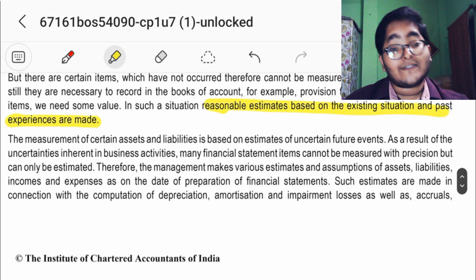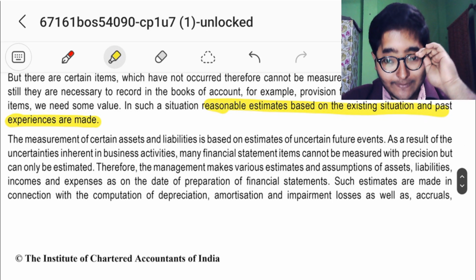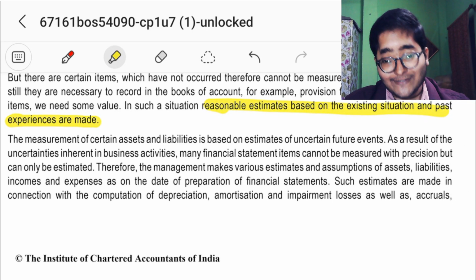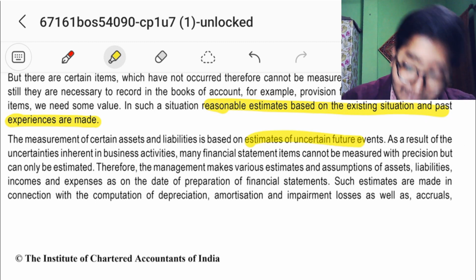The measurement of certain assets and liabilities is based on estimates of uncertain future events.